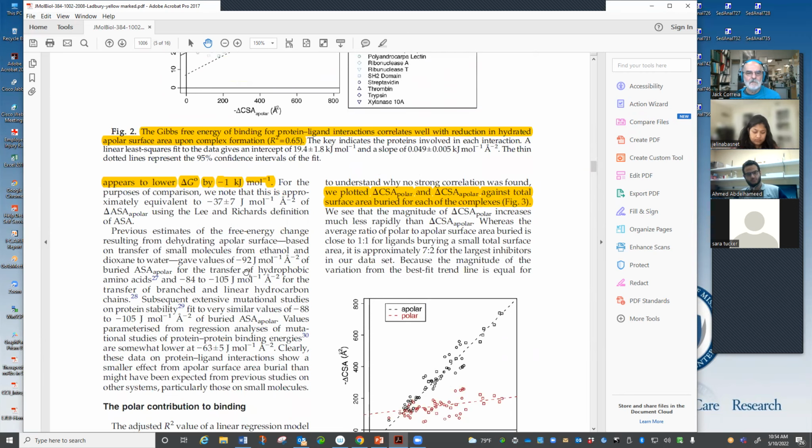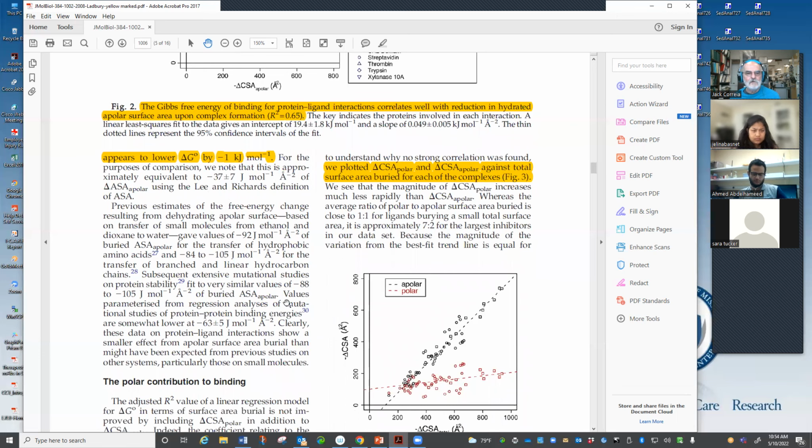And from this theoretical paper, if you will, because it's more apolar solvents, the number is bigger. It's 92 joules. And then looking at the transfer of hydrophobic amino acids, you get numbers that are approximately 80 to 100 joules. And then looking at data from mutational studies, so what that means is if we mutate residues on the surface near a ligand binding site, how does that affect affinity?